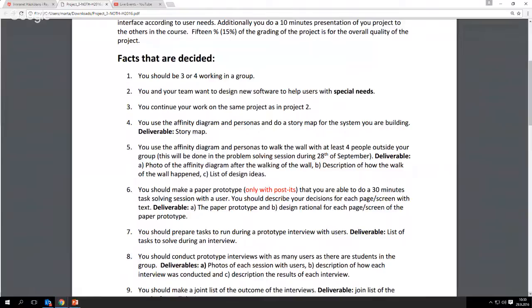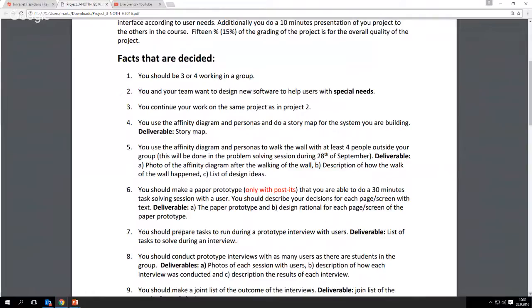So you are mapping out what the user should be able to do in your design, in your system. So you will do a story map, and you should do the walking of the wall. Many of you, or half of you, did that during the problem-solving class yesterday. So then you have done that.